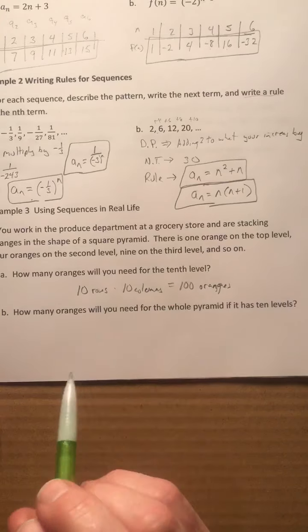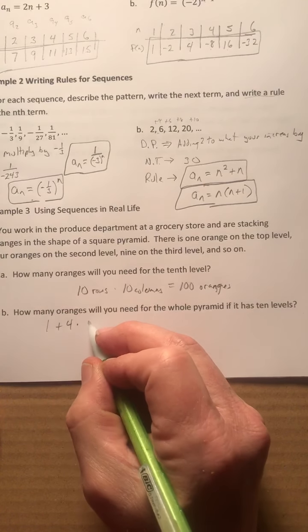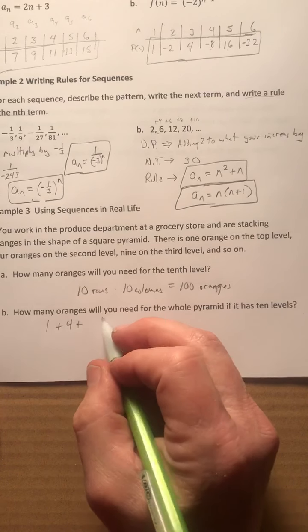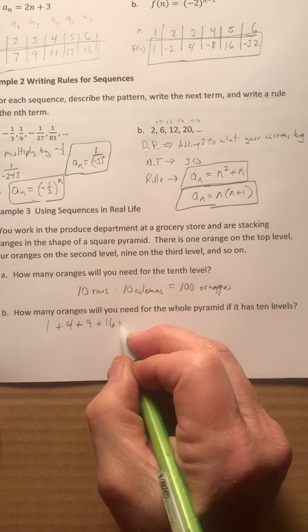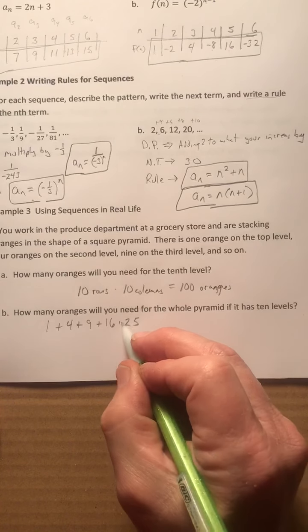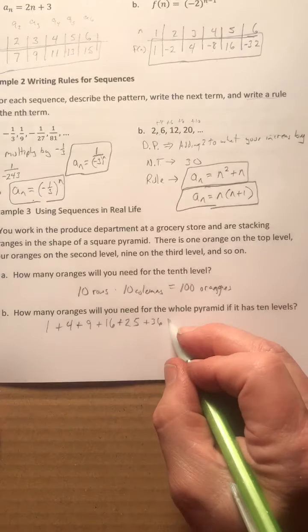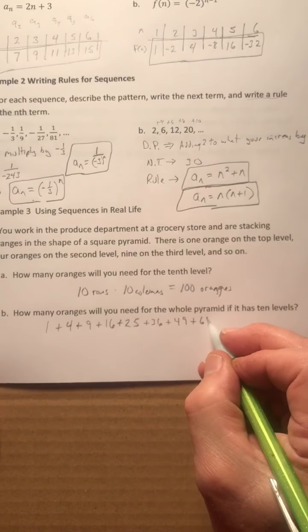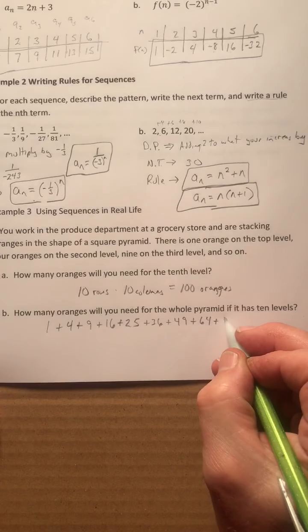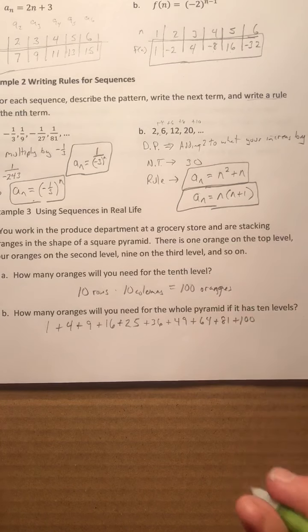So 1 squared would be 1, 2 squared would be 4, 3 squared would be 9, 4 squared would be 16, 5 squared would be 25, 6 squared, 36, 7 squared, 49, 8 squared, 64, 9 squared, 81, and then 10 squared will give us 100.